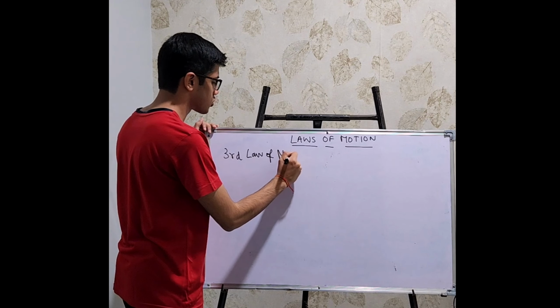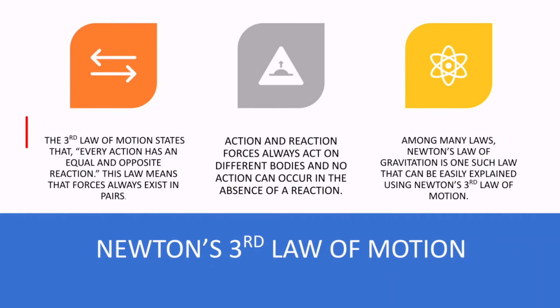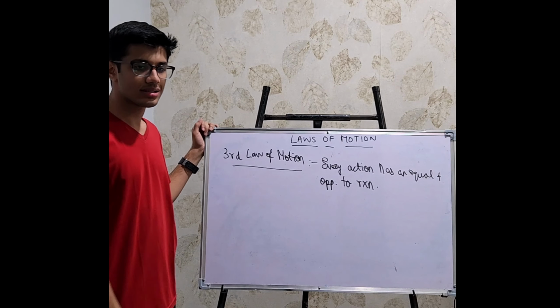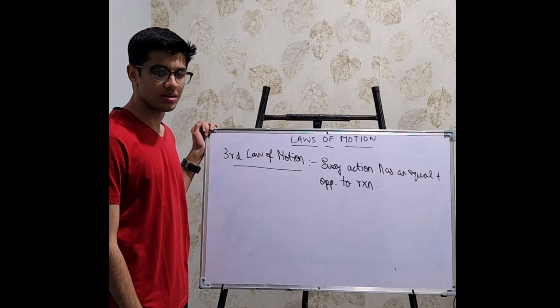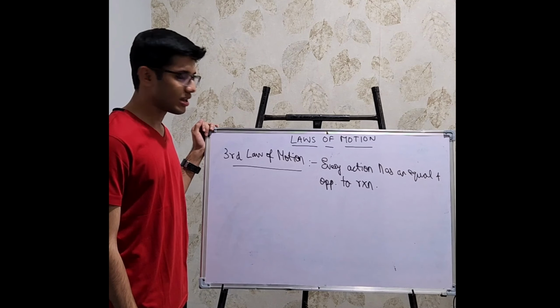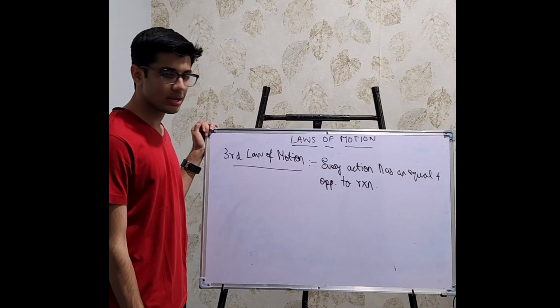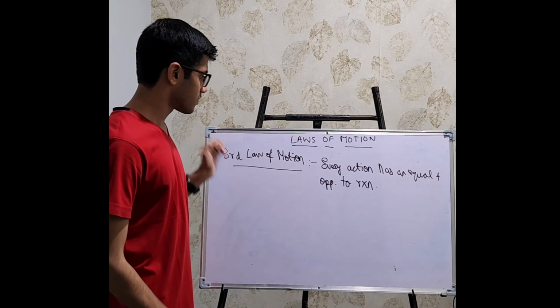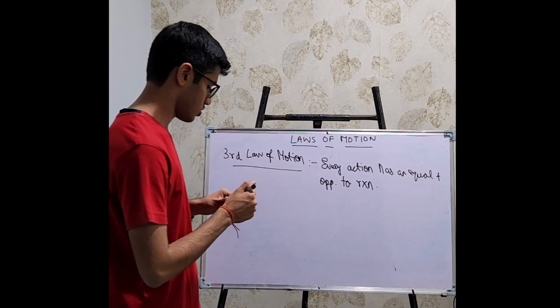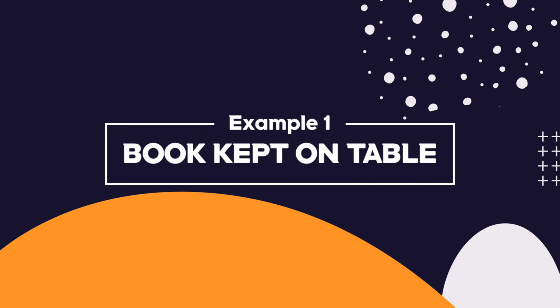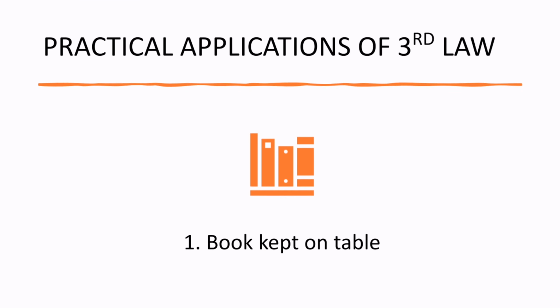So the third law of motion states that every action has an equal and opposite reaction. Again, we can understand this statement using some examples. There are two examples through which we can understand the third law of motion.